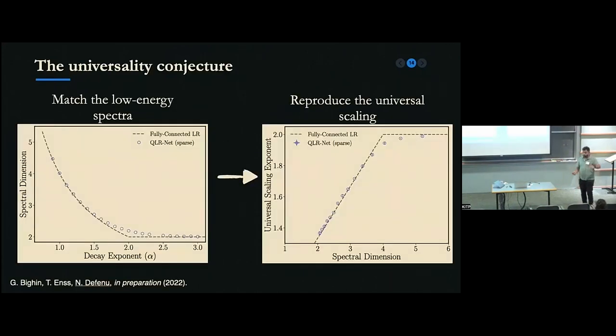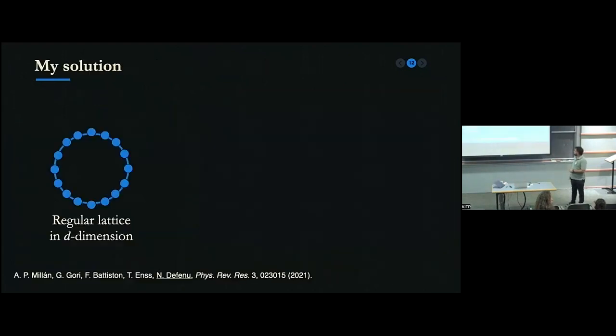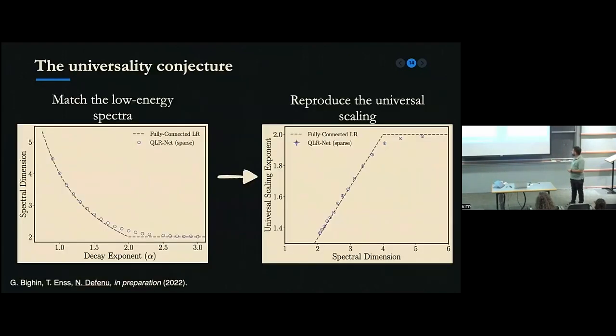You say fully connected long range, but then you also plot it as a function of alpha. Isn't alpha always 0 for fully connected long range? Or is this a different alpha? Yes, you are very right. Sorry.